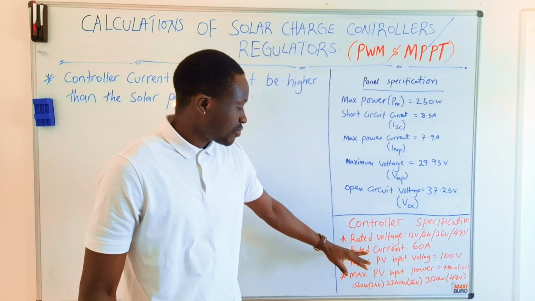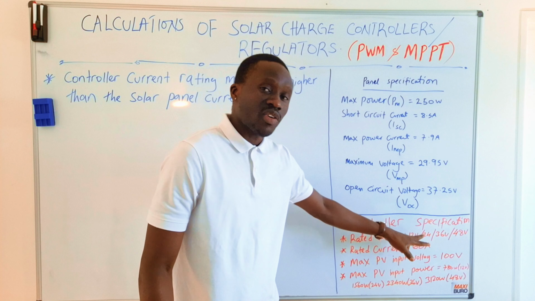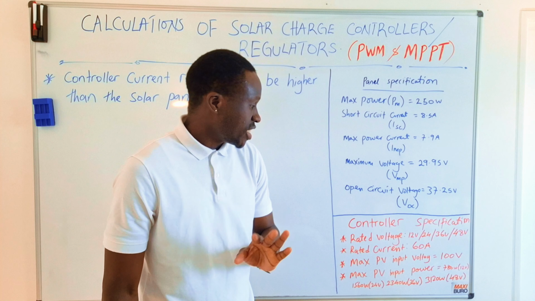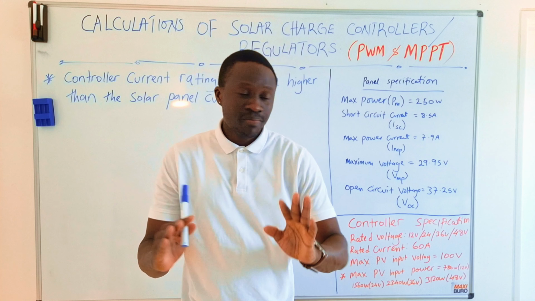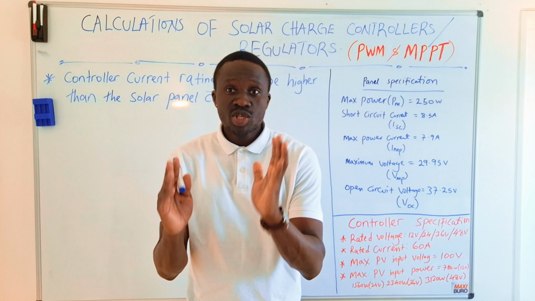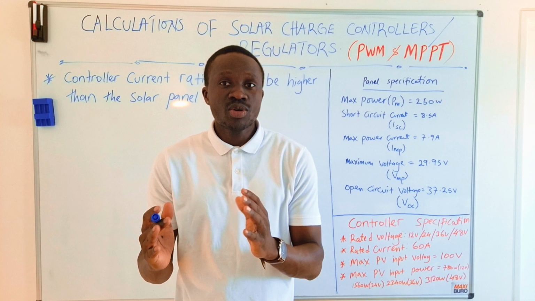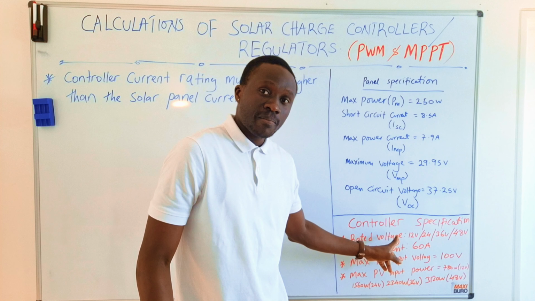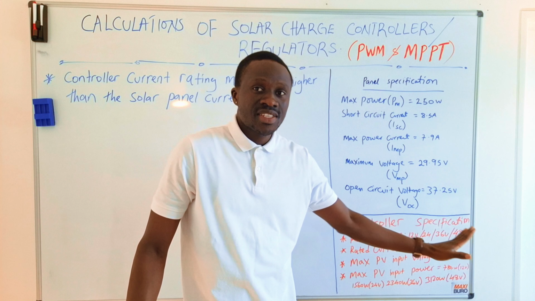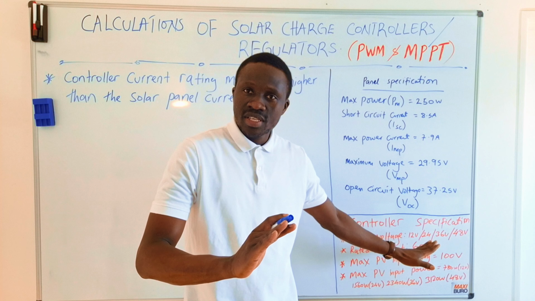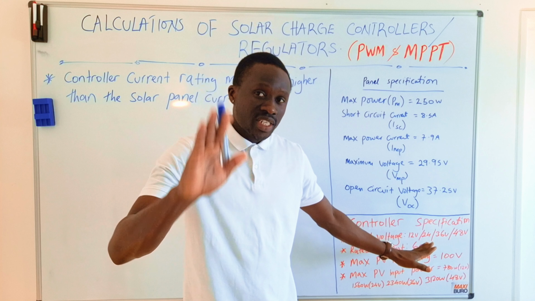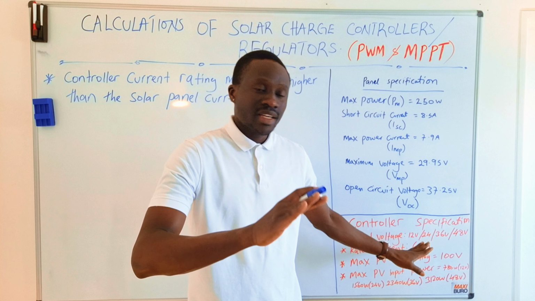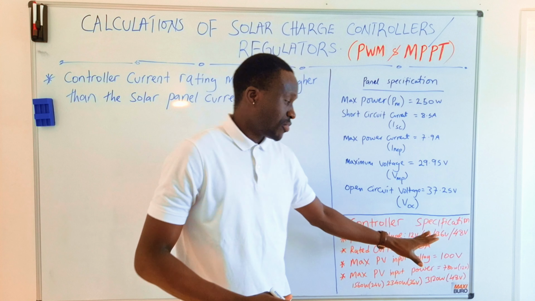If this charge controller works on 12, you will see that it is rated only 12 volts. If it is going to work on 24, you will see that it is rated on only 24 volts. If it is 36, it will be 36 volts. That's why I tell you, always read this technical information on the appliance you are buying.